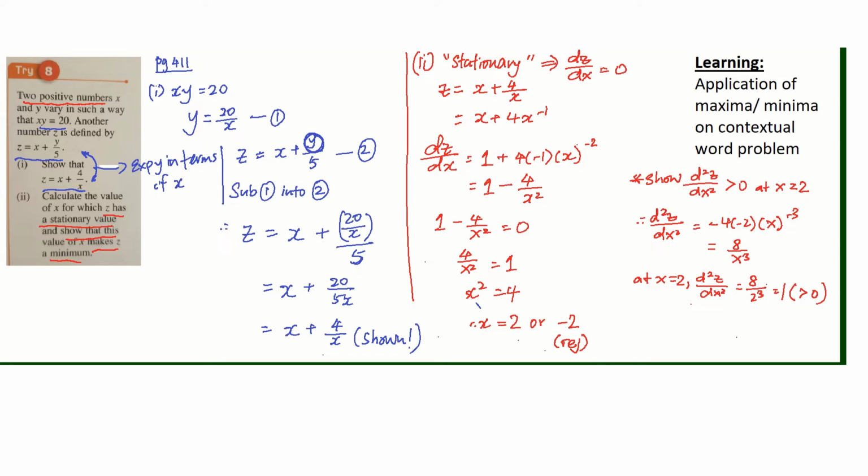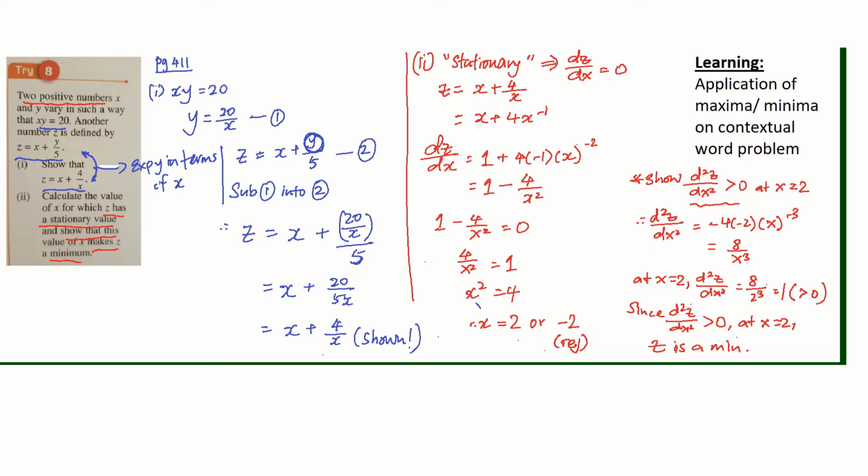So since d2z/dx squared is greater than 0 at x equals 2, z is a minimum. This is how we show that z is a minimum by the second derivative test approach.